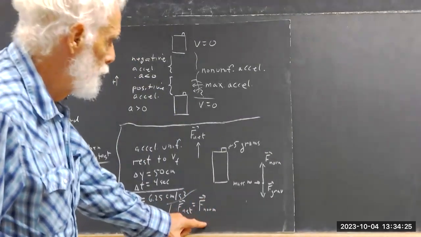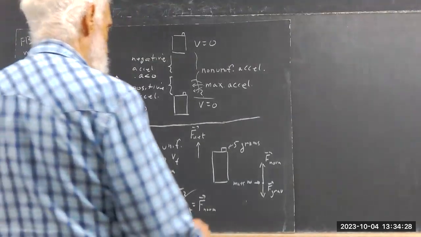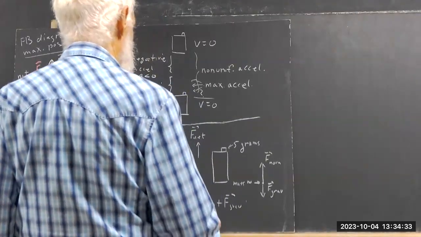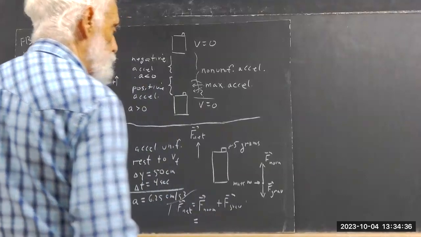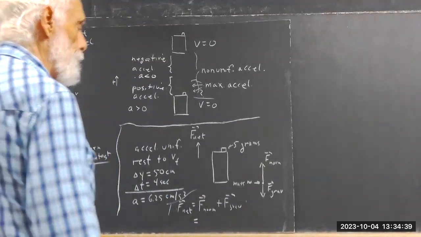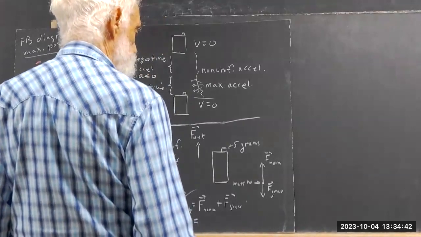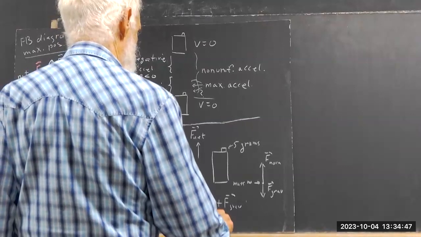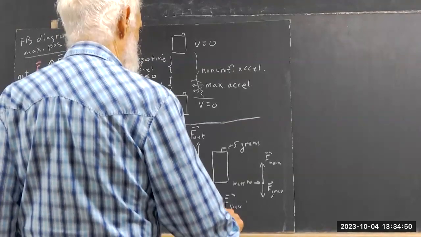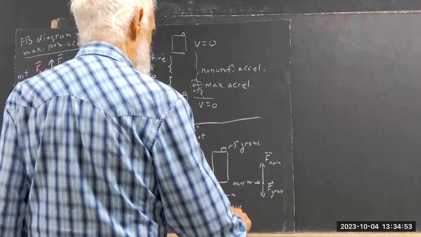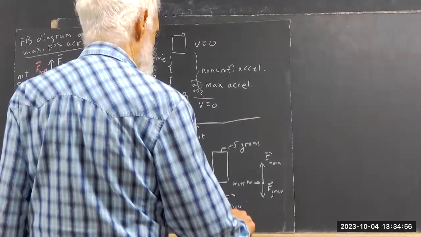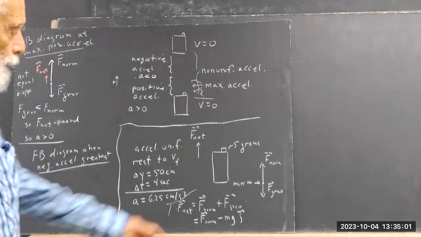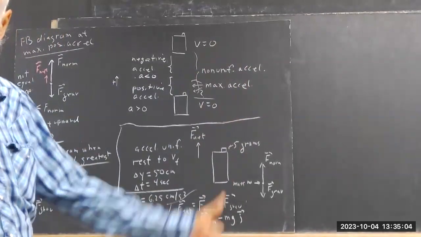Net force is your normal force plus your gravitational force, which in this case equals your normal force minus mg, and I'll say times the j vector since we're in the vertical direction.